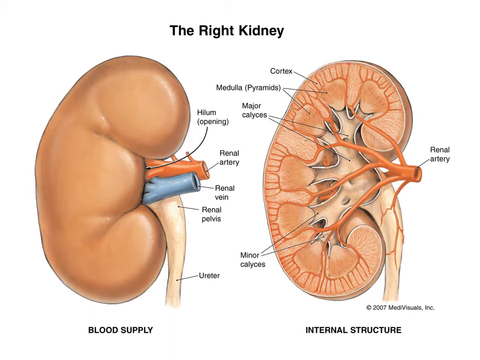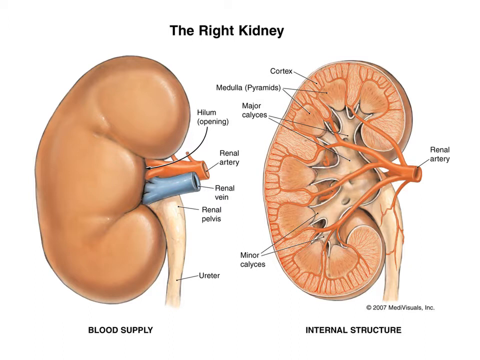The renal pelvis will drain into the ureter, which will send the urine to the bladder. You have a renal artery coming into the kidney from your abdominal aorta, and a renal vein returning the blood to the inferior vena cava.